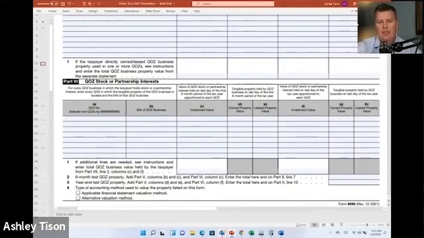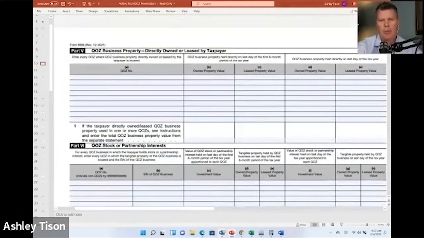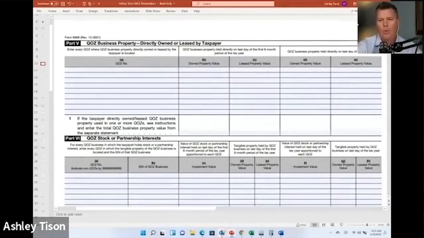And this line 2, the 6 month qualified opportunity zone property test, you're going to add part 5, columns B and C, and part 6, column C, right? So it'd be the total of this amount right here, and up here in part 5, what you own directly in the qualified opportunity fund. I'm just going to dive into the second page on this, because this is effectively where you're doing your 90% test.